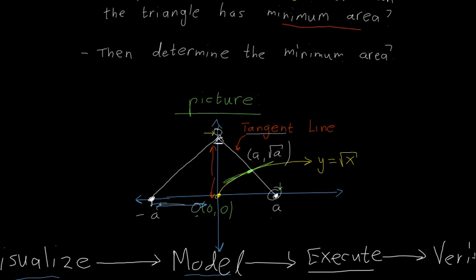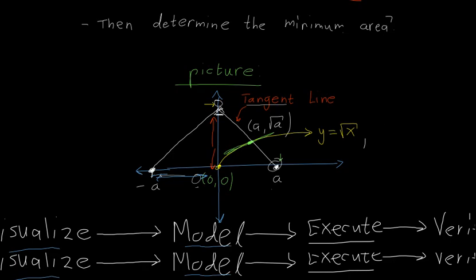As the tangent point moves closer and closer to the origin, that's how we approach minimization. But because the point must stay in the domain, x greater than 0, because y equals root x only takes positive values of x, nothing else. And that is the entire trap.